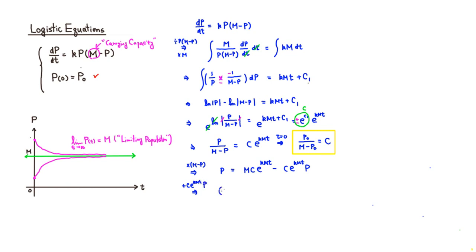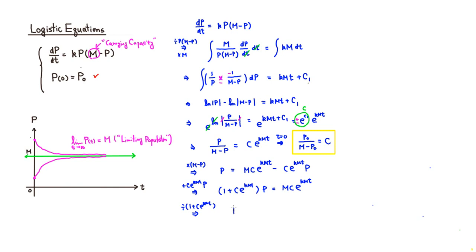So you get 1 P plus c e to the kMt P is equal to Mc e to the kMt.